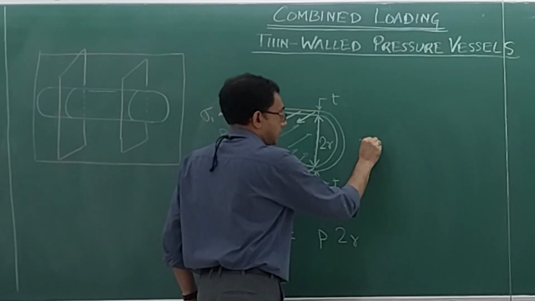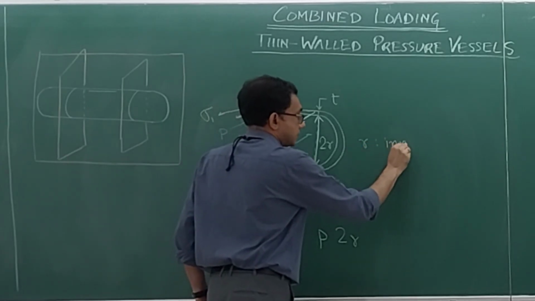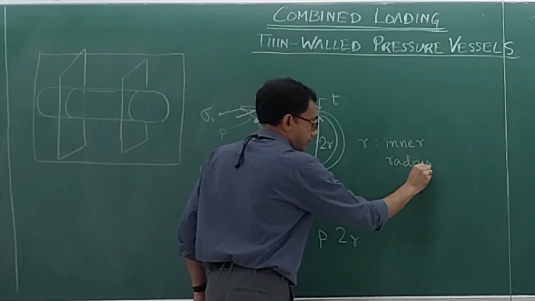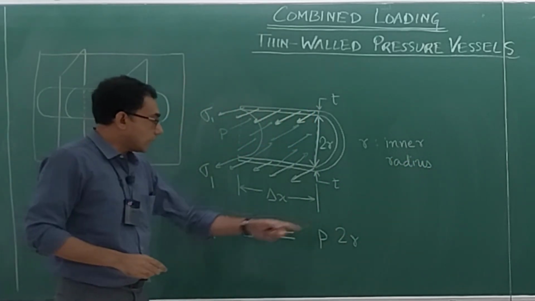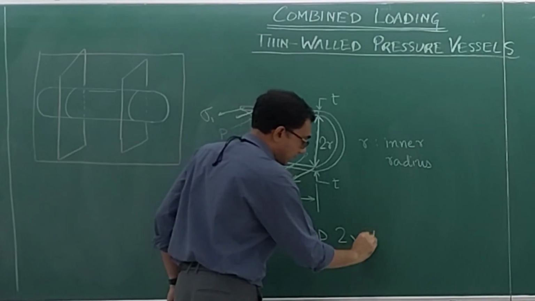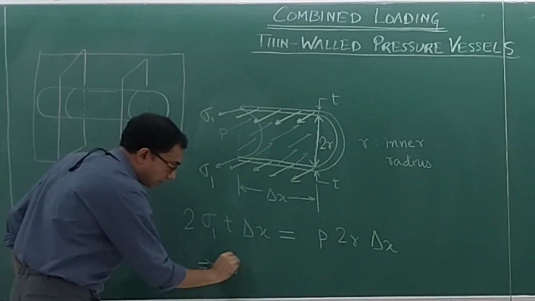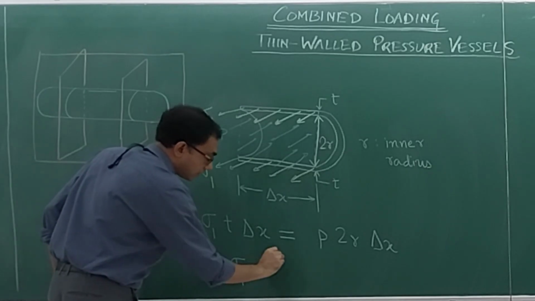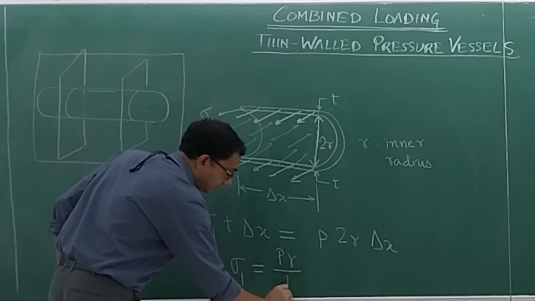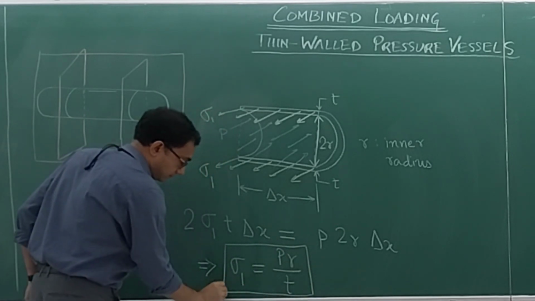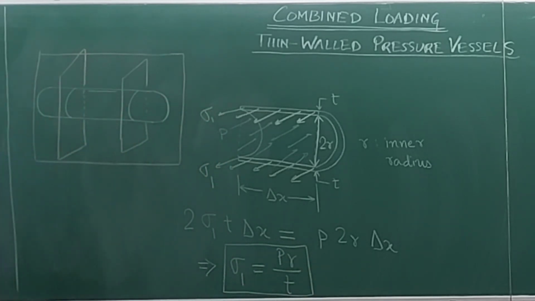So P into twice R into delta x. Very good. And from this, what do we get? Sigma 1 is equal to PR divided by T. That's it. One formula done.